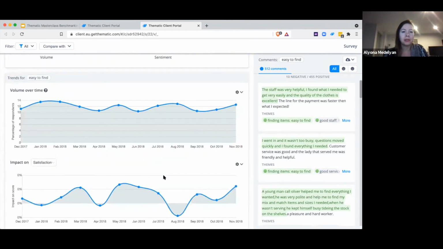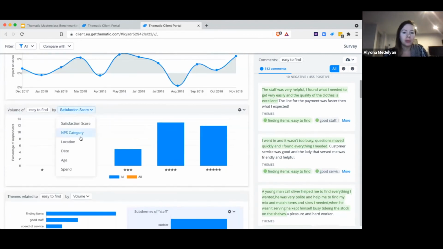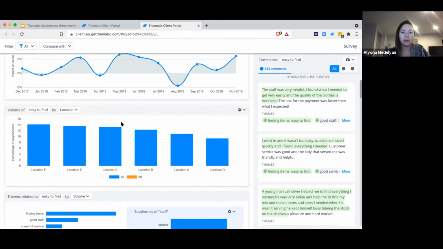This is where you can benchmark based on a particular location. So easy to find: how does it differ across locations? It looks like location D has fewer reviews where people say it's easy to find things. So that's another way of finding opportunities, by going through attribute first rather than division or location.